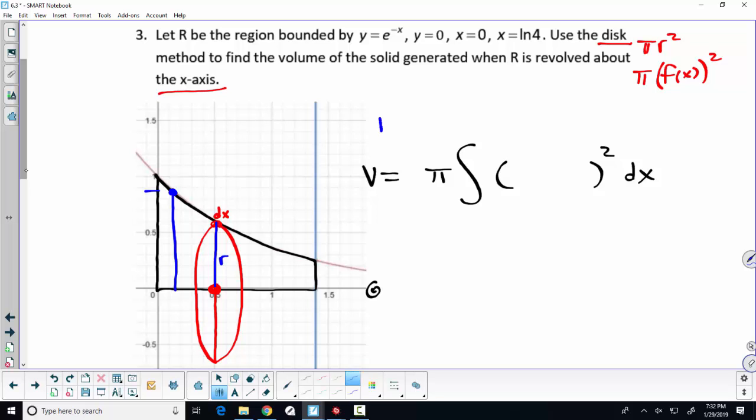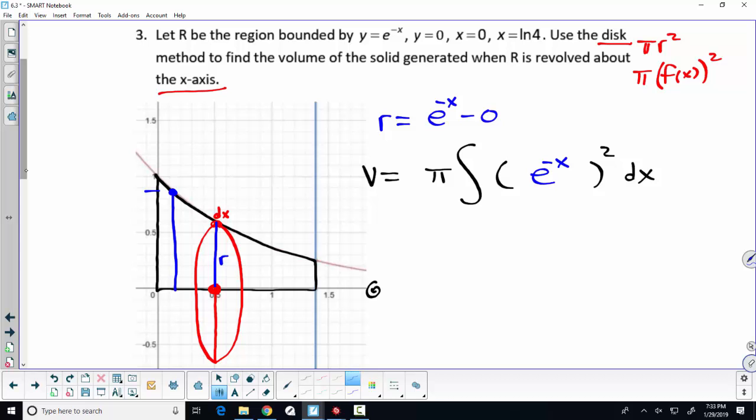So our radius is e to the negative x minus 0, or just e to the negative x. Would your bounds just be ln4? Yeah, right. Is everyone okay with the radius being e to the negative x? Do y'all have any questions?